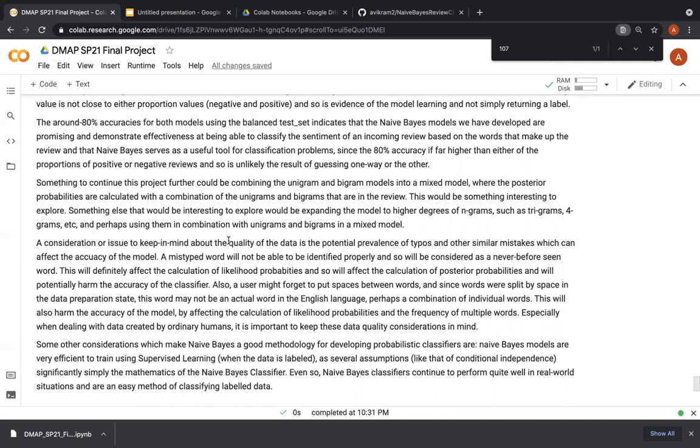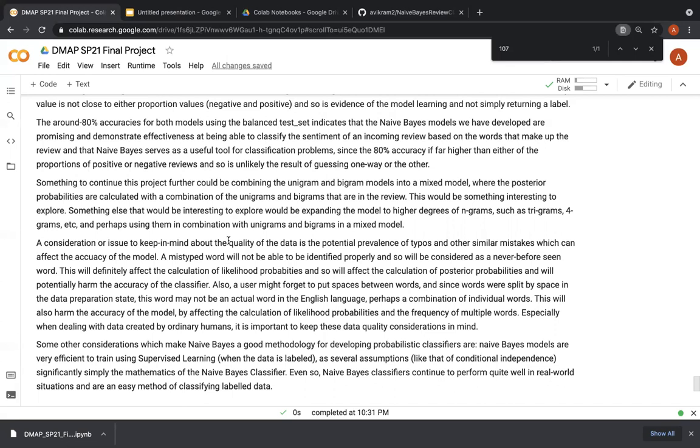Because a typo means that that word will not be recognized, right? It won't be recognized when that word comes up in, for example, your training stage. It'll affect the likelihood probability of that word. The mistyped word will be classified as a never-before-seen word, so it'll have a likelihood probability of close to zero, which will mess up the calculation of the posterior probabilities.